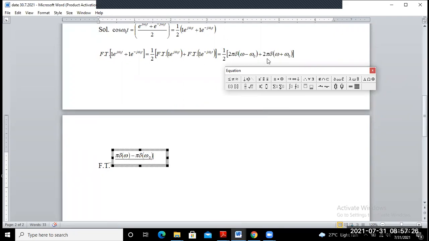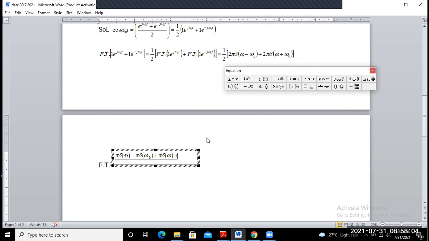Similarly, the second term can be written as pi delta omega plus pi delta omega naught, is it not? So plus pi delta omega plus pi delta omega naught.